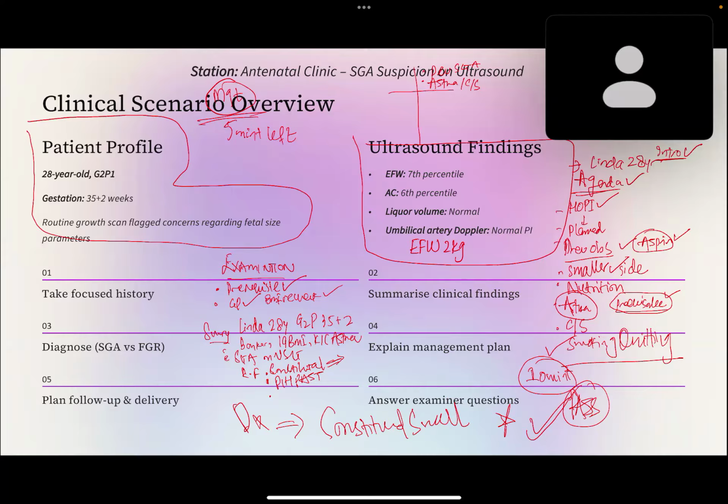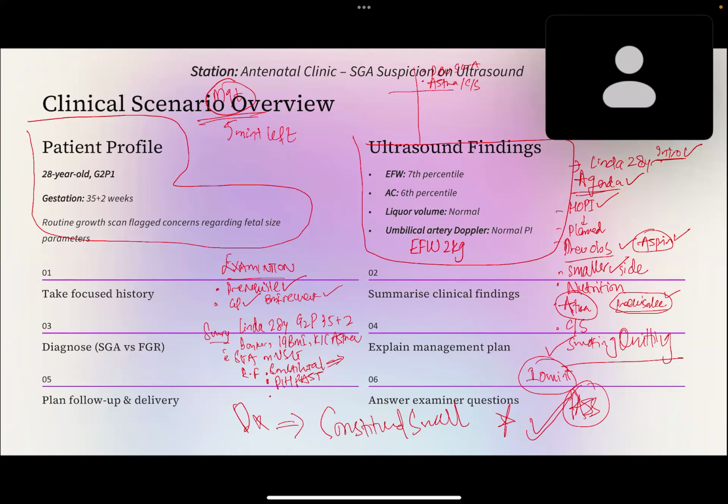And also keeping her nutrition up to date and all of that. She was smoking as well, so I would connect her with the smoking cessation team as she wants to quit smoking.